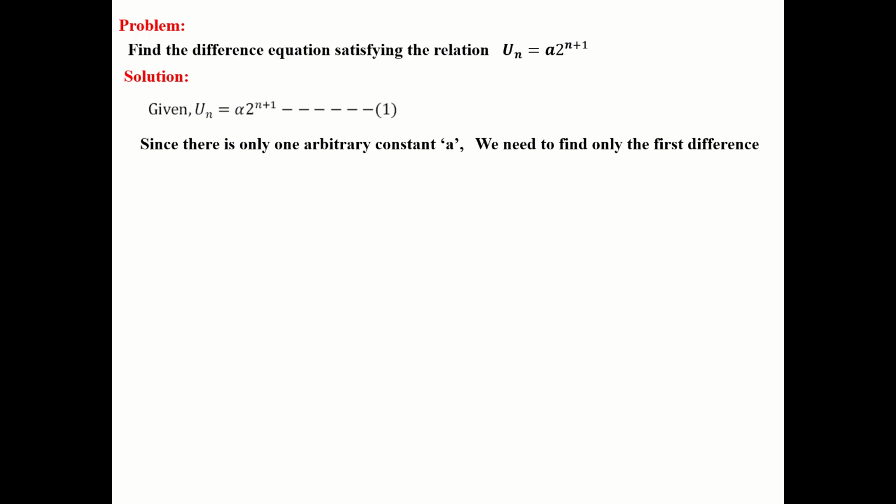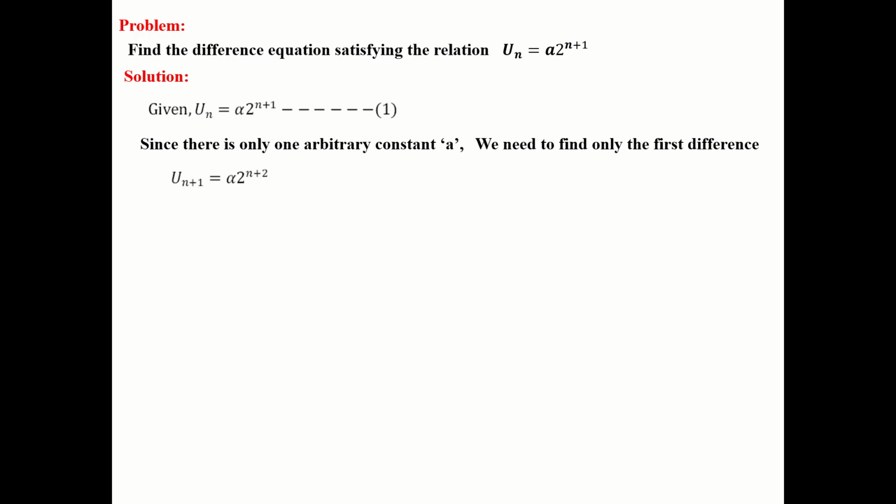So un plus 1, right? So first difference, just adding 1, right? So you can find the difference of un minus 1, but better to take plus 1, easy to calculate, right?